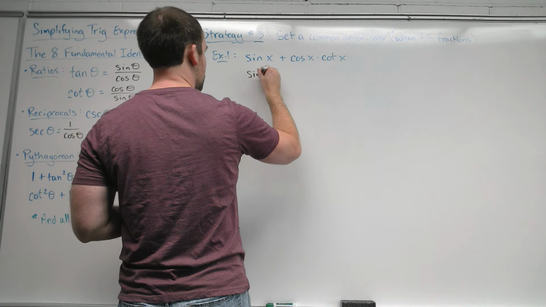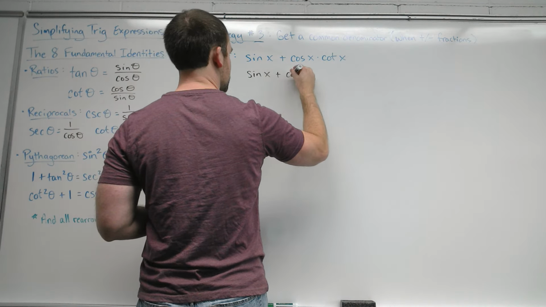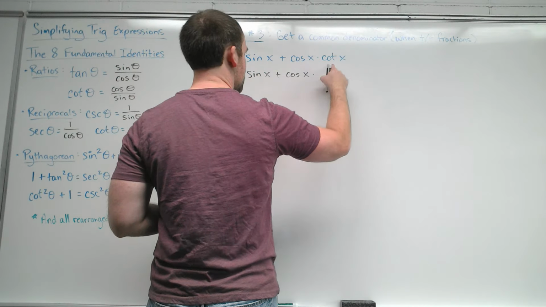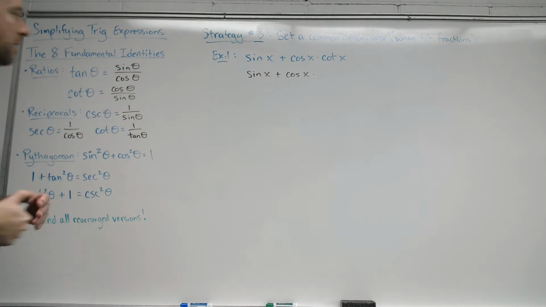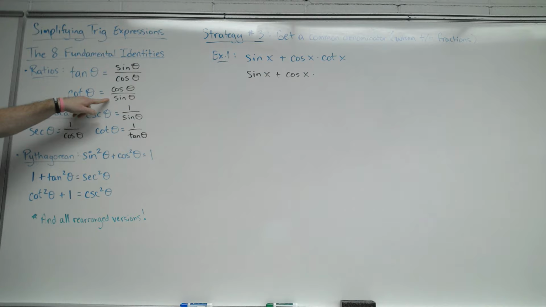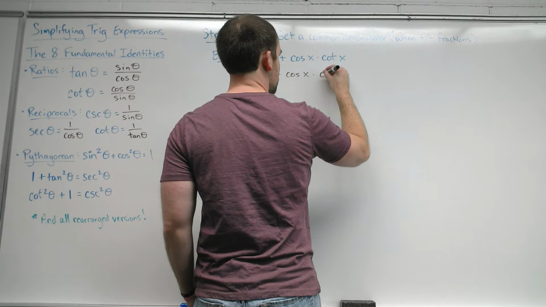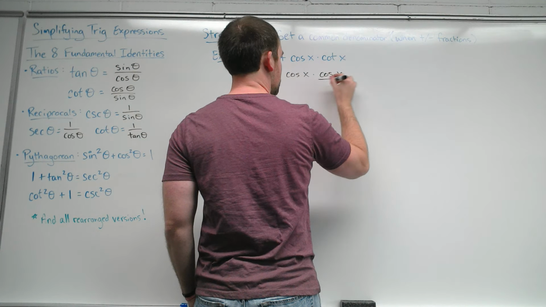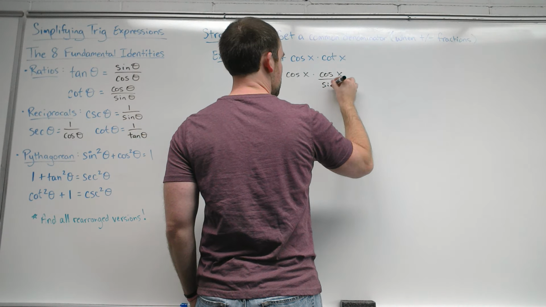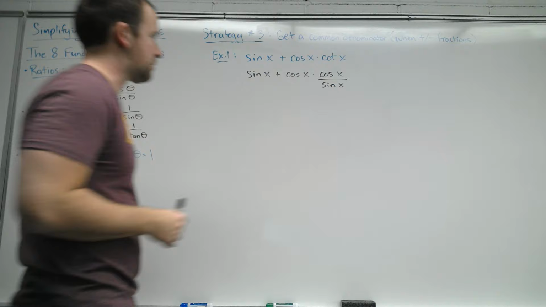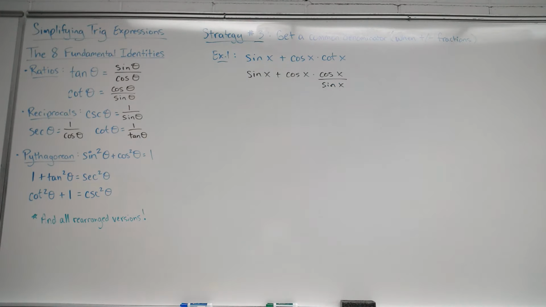So sine x plus cosine x. Cotangent, I can replace with cosine over sine. And again, this is the example for the third strategy in that little packet.